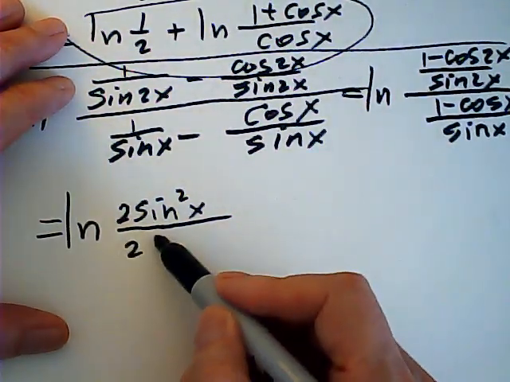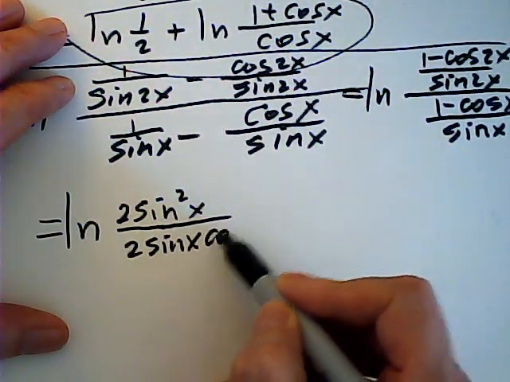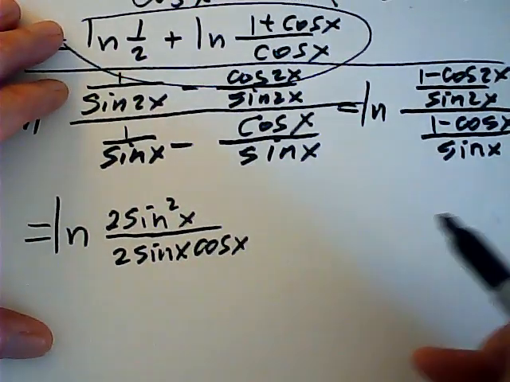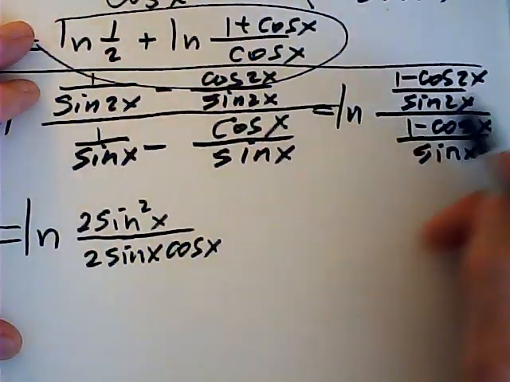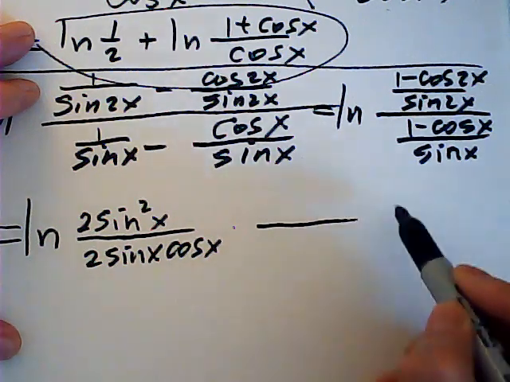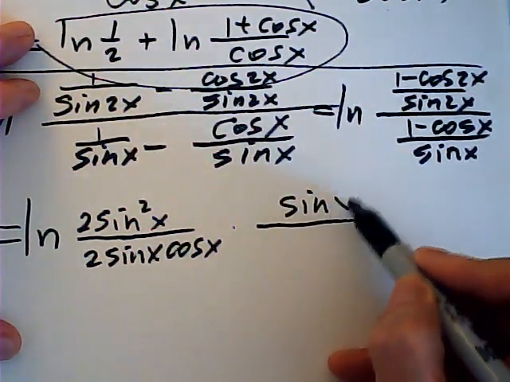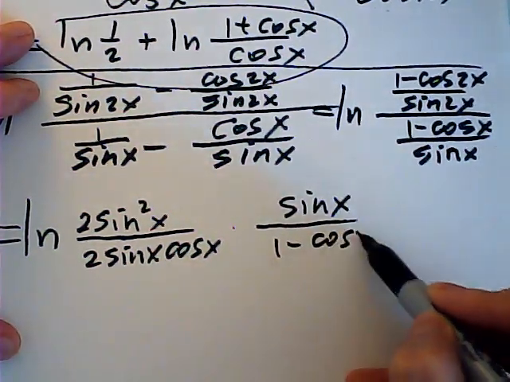Sine 2x is 2 sine x cosine x. That is the numerator. Times the denominator. The denominator is the sine on top, 1 minus cosine x.